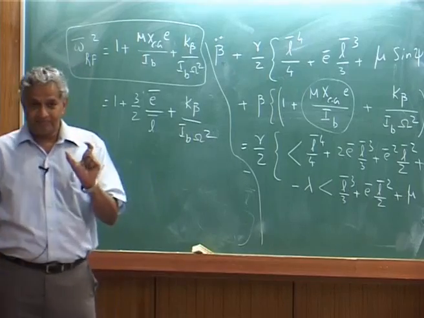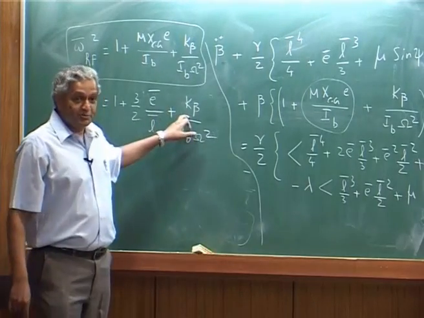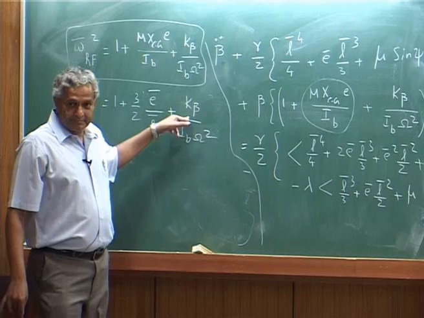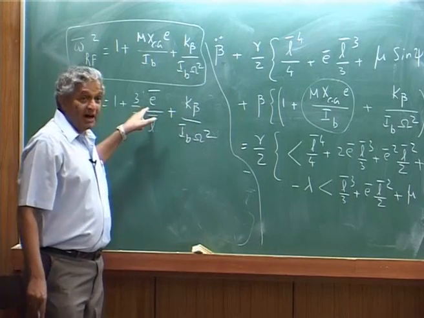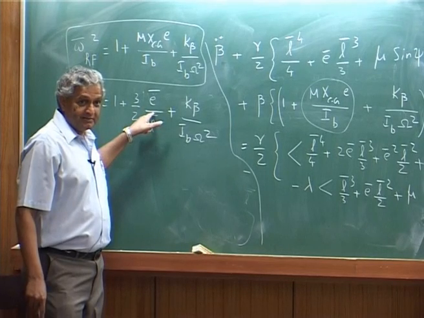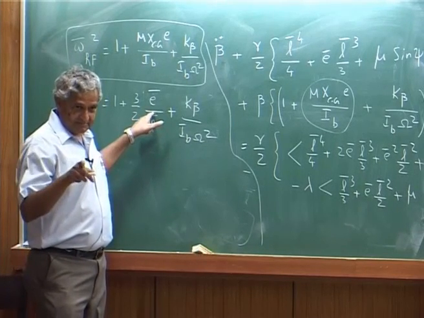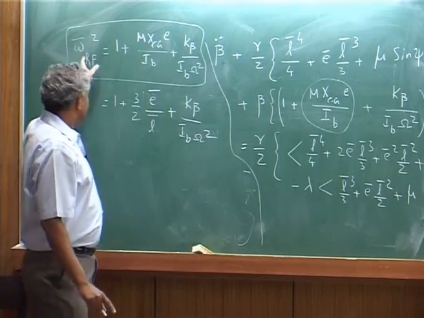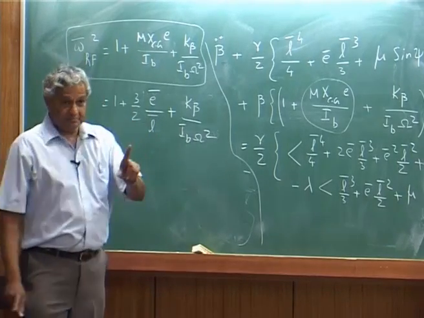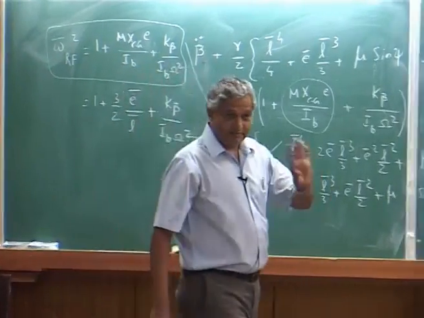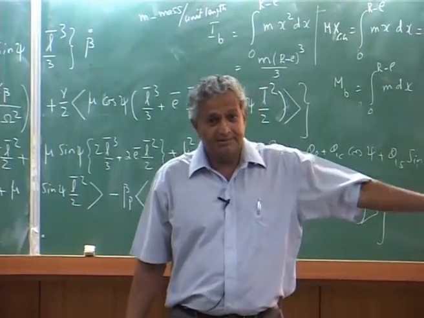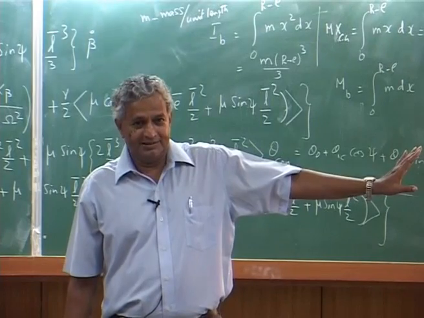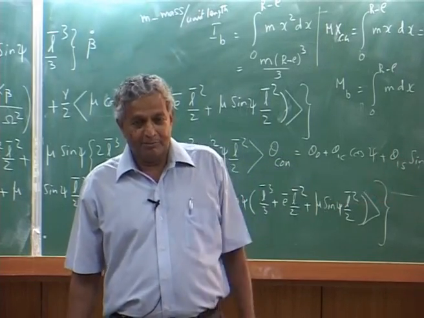Now, you see, even if I do not have the spring, okay, if I have an offset, root offset, that is root hinge offset, my frequency is more than 1. That is, my flap frequency will be more than 1 for a rotor blade always.